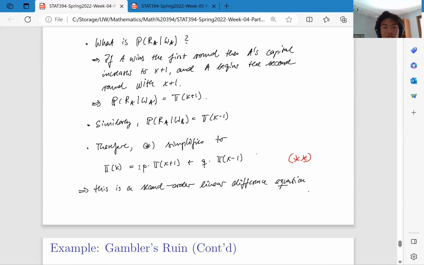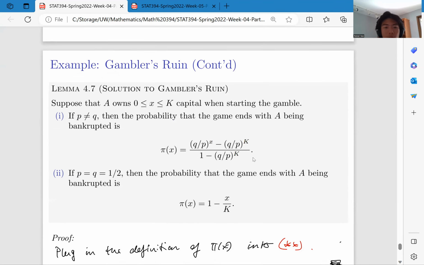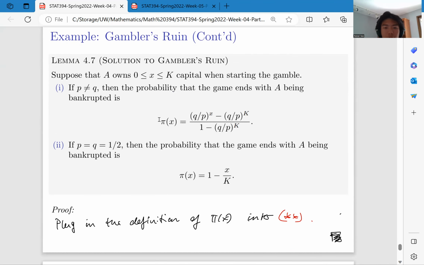So let's consider the third term. The third term means this probability will still be multiplied by some more complicated condition, like in the second round it wins and loses, so it will become longer and longer. And believe it or not, it will converge into this one.